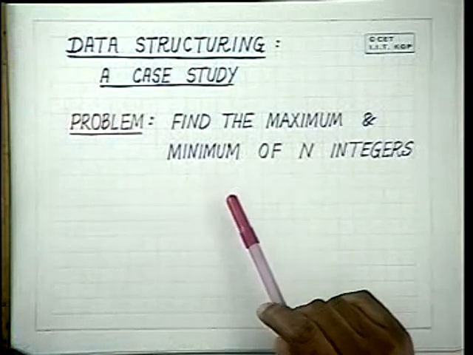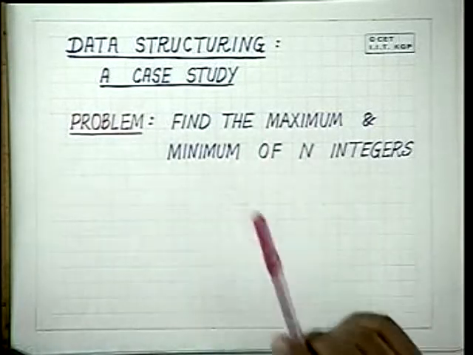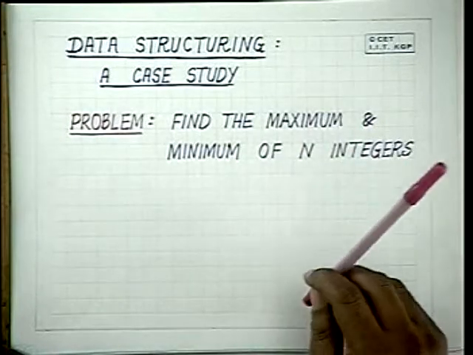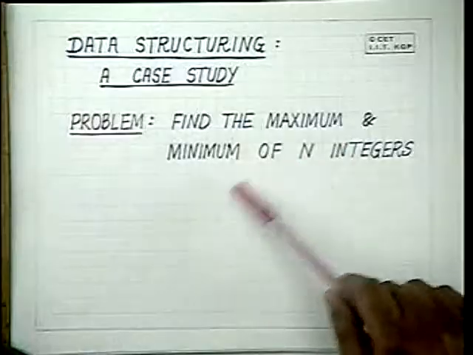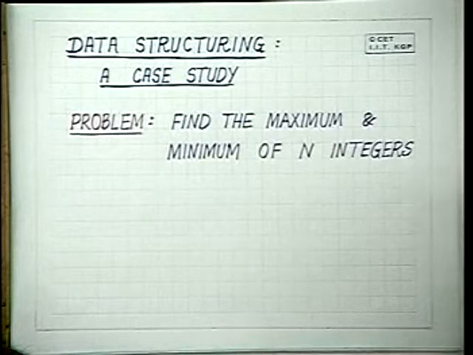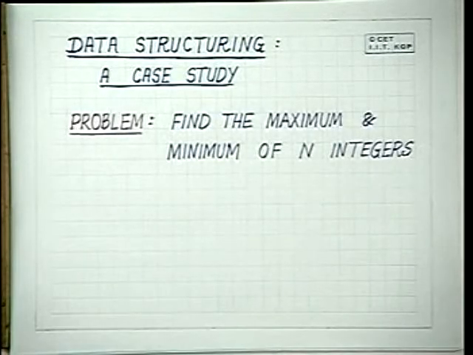So that's what we will see, and we will go through this case study today to find the maximum and minimum of n numbers. So let us first see how a program to find the maximum of n numbers looks like, and how anybody would very easily modify that program to find the maximum and minimum of n numbers. So let's go back and see how it works.